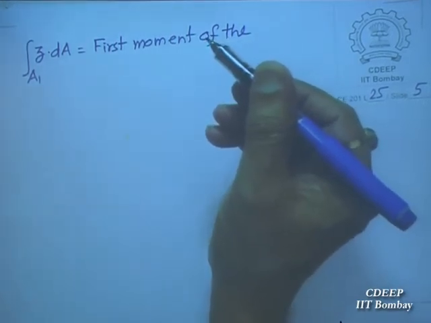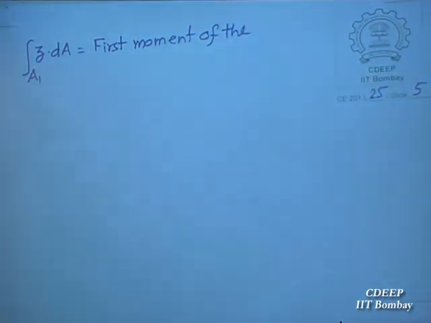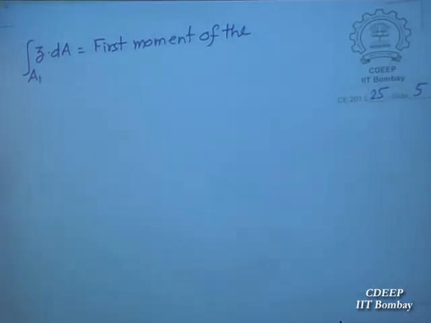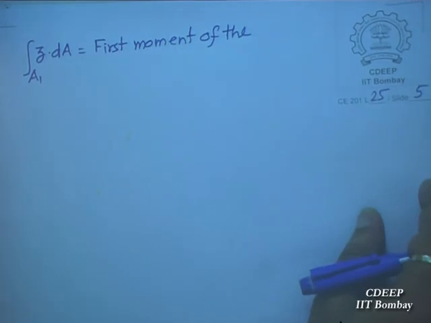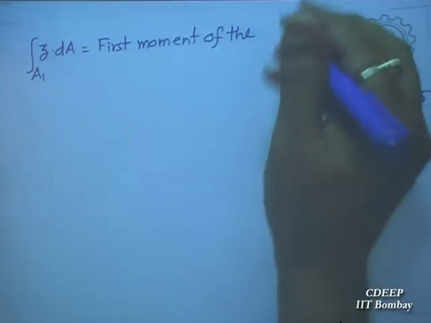If there is a complex area, it is A1 multiplied by its distance, then A2 multiplied by its distance, and the total area multiplied by the distance up to the center of gravity. So you equate these. In finding the center of gravity, we require this first moment of the area.